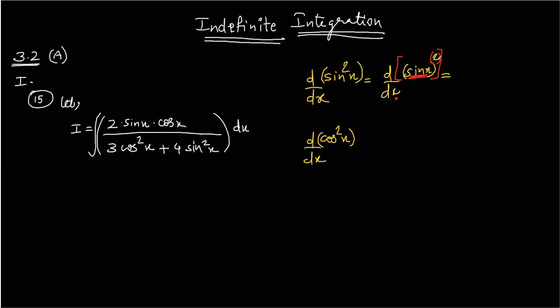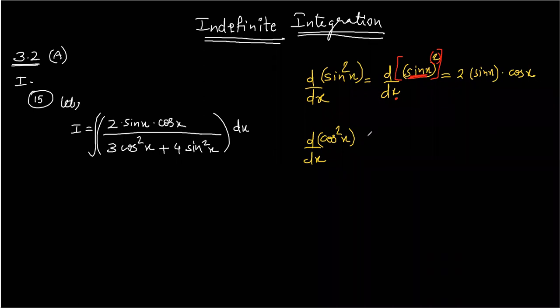So it is d by dx of f of x square. You know it will be 2 sine x raised to 2 minus 1, that is 1, into d by dx of sine x, and d by dx of sine x is cos x. So what you notice is that the derivative of sine square x is 2 sine x cos x.